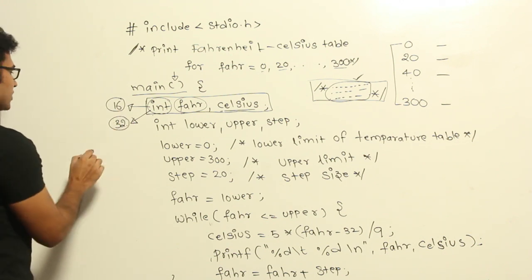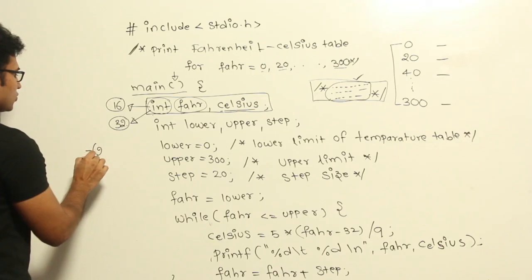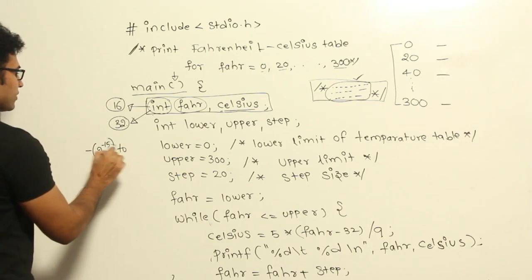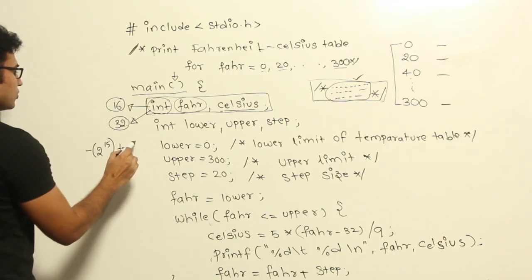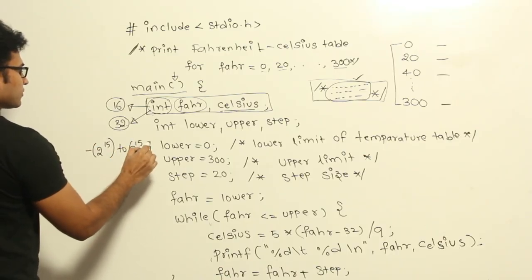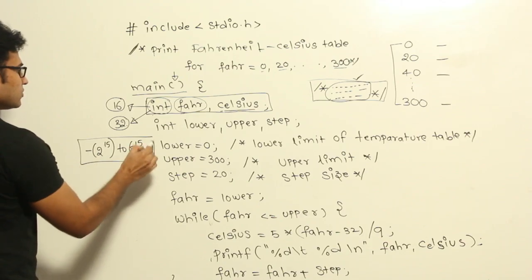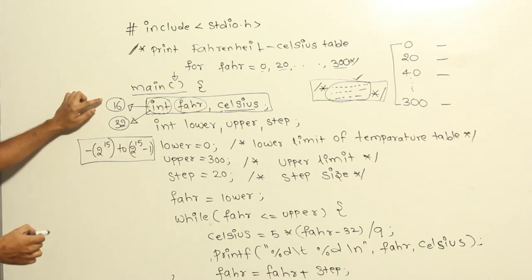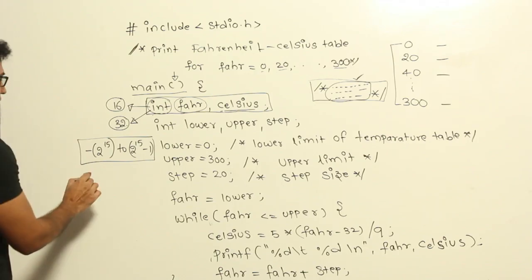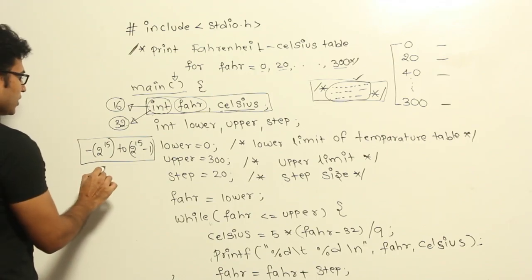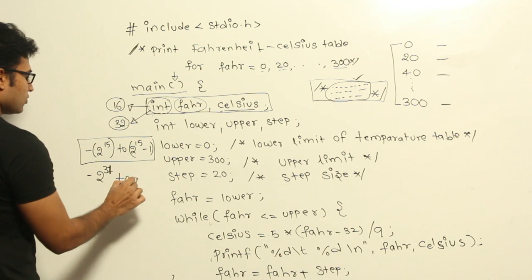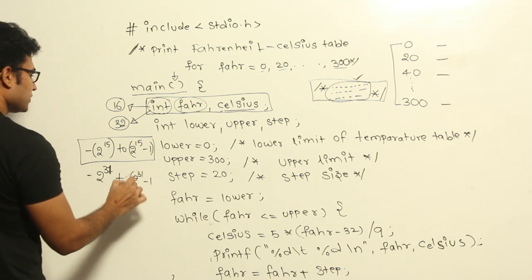Generally the range is going to be minus 2 power 15 to 2 power 15 minus 1. This is the range if you assume a 16-bit number. If you assume 32-bit, the range is minus 2 power 31 to 2 power 31 minus 1.